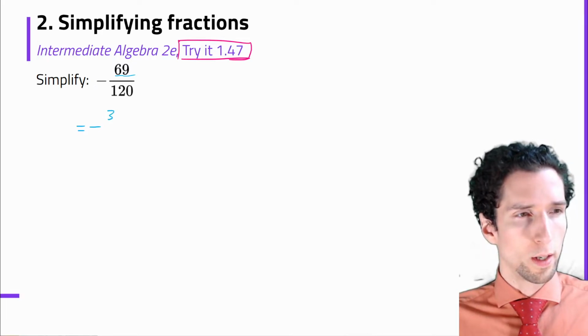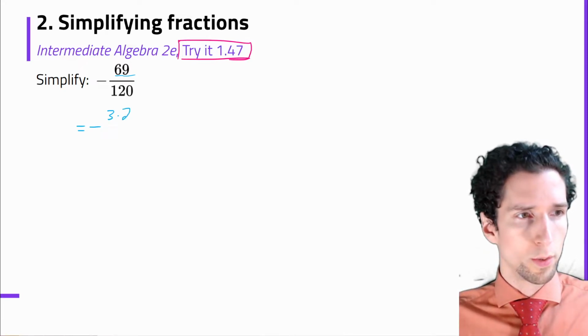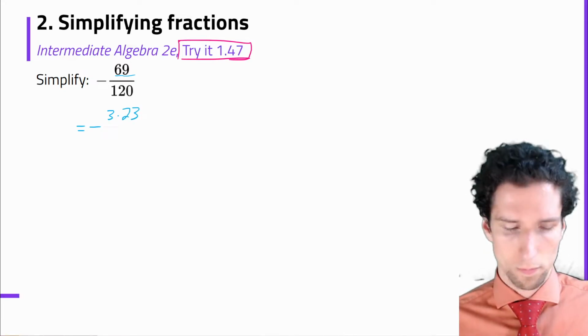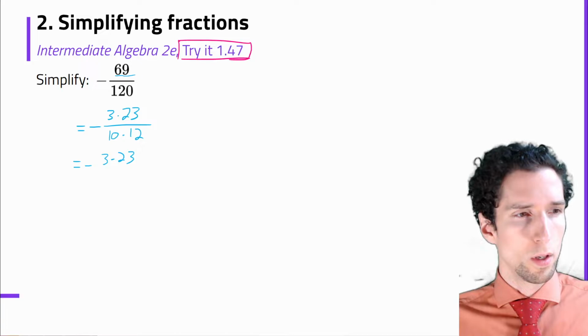So 3 times something, 3 times 20 would be 60, and then 3 there, so 23. And on the bottom, 120, well, that's 10 and 12, and -3/23.